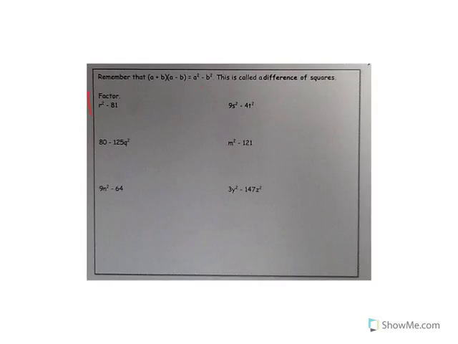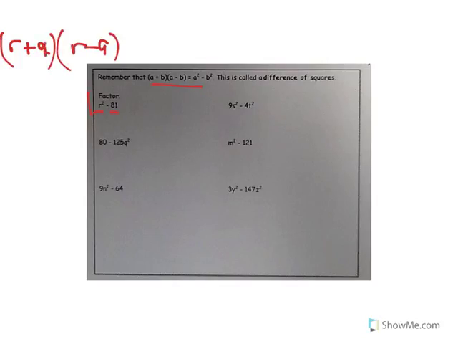If you remember, (a + b) times (a - b) is going to give you a squared minus b squared. This first one is pretty simple because r squared is a perfect square, and so is 81. There's no middle term, so this is just going to be (r + 9)(r - 9).